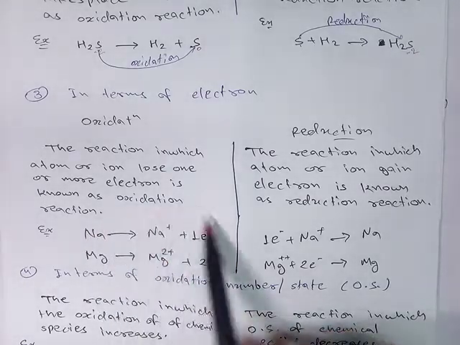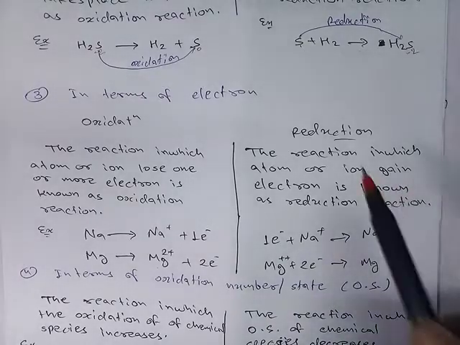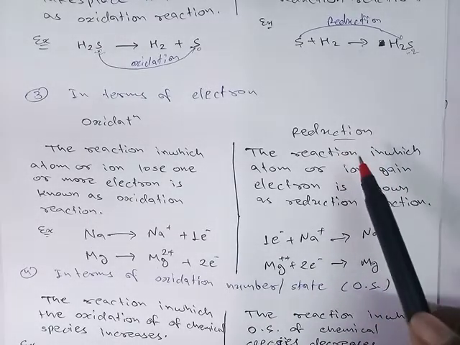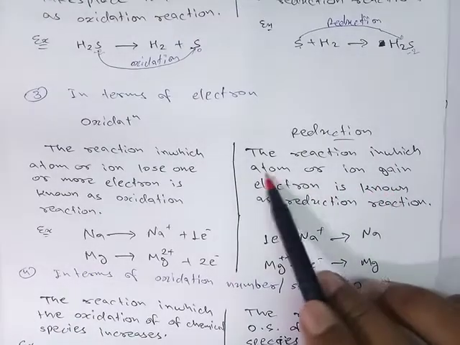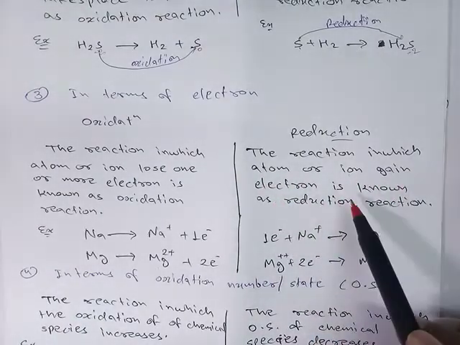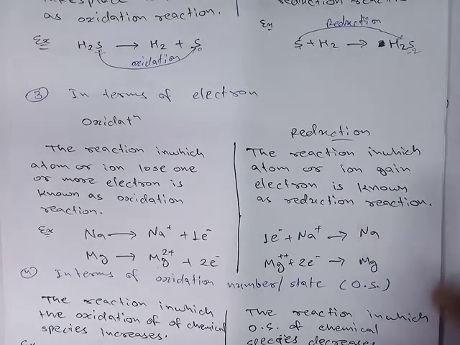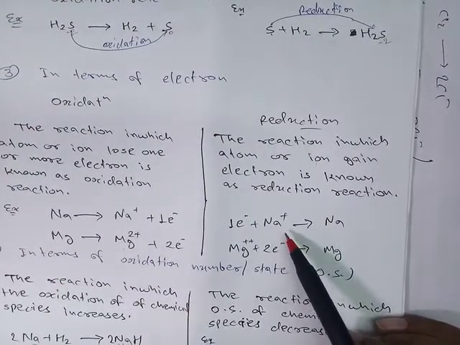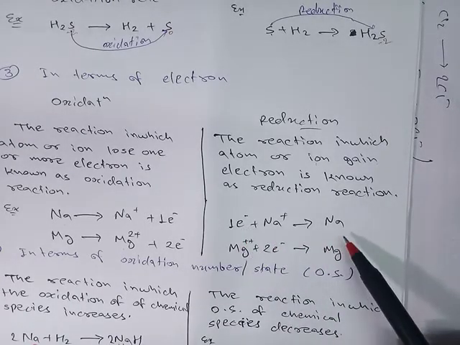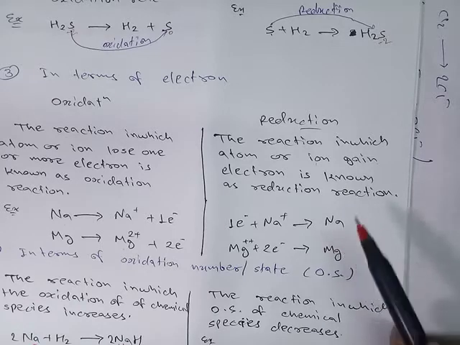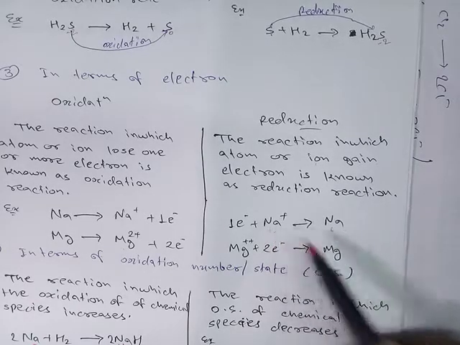This is an example of an oxidation reaction in terms of electrons. In the case of a reduction reaction, the reaction in which an atom or ion gains an electron or electrons is known as a reduction reaction. Here sodium plus ion accepts 1 electron and gets converted into solid sodium, so the oxidation number of sodium goes from plus 1 to 0.